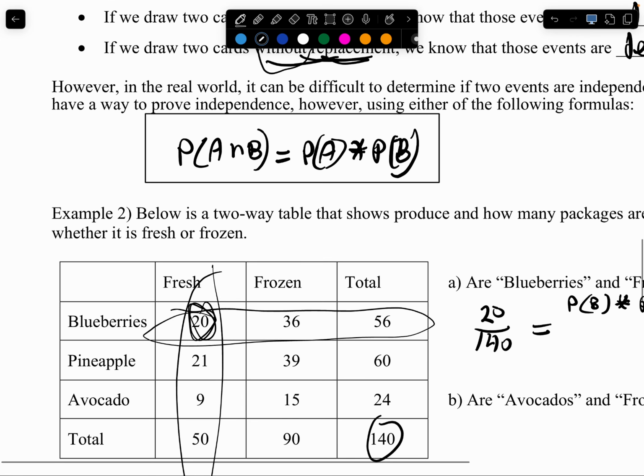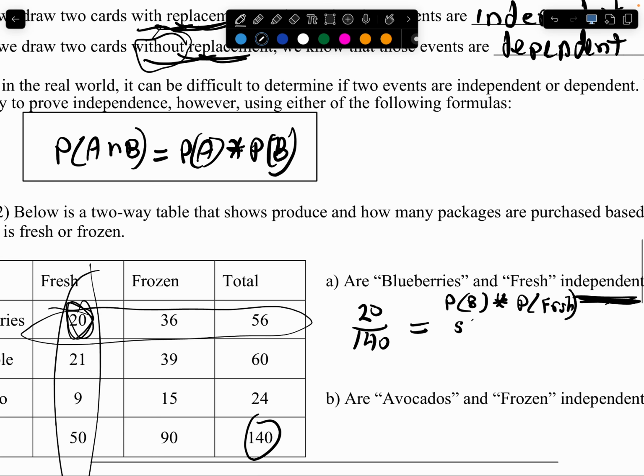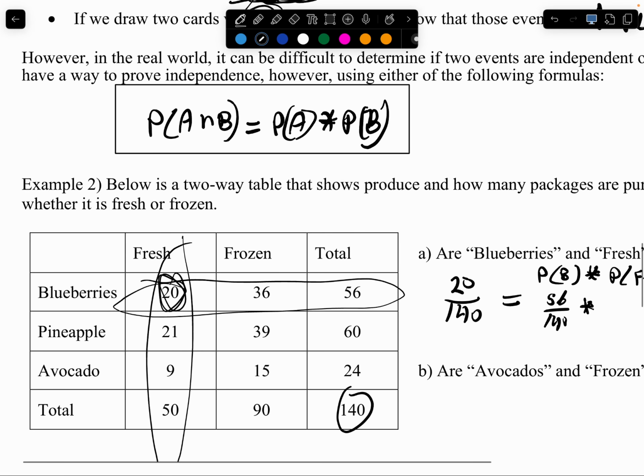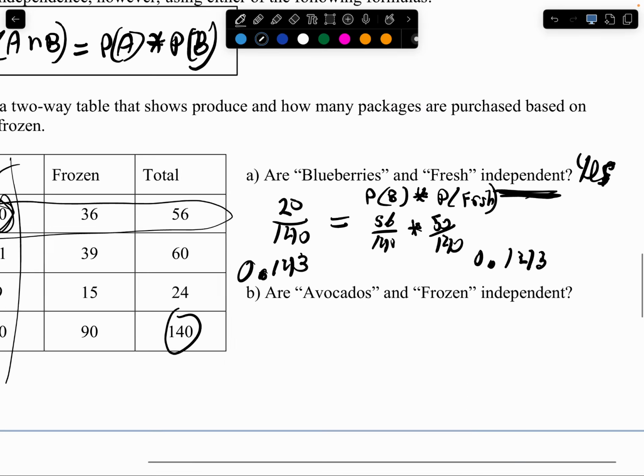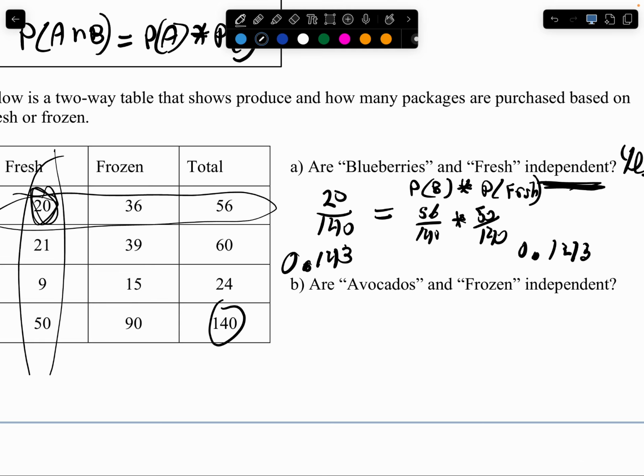Probability of being a blueberry, 56 out of 140, times the probability of being a fresh thing, 50 out of 140. And so we do the left and do the right, and I think if you get 143 exactly on both sides, okay, I think that they're equal, so you would say yes, they are independent of each other. That's the independence test. Stop the video and try yourself.